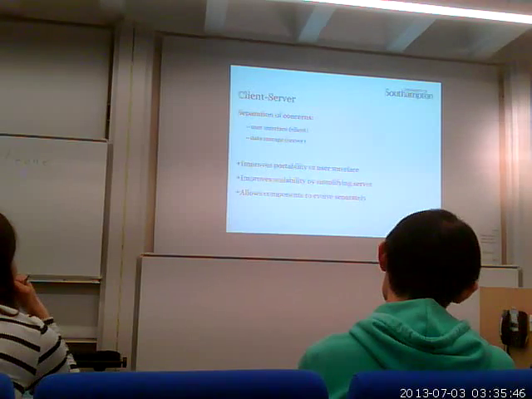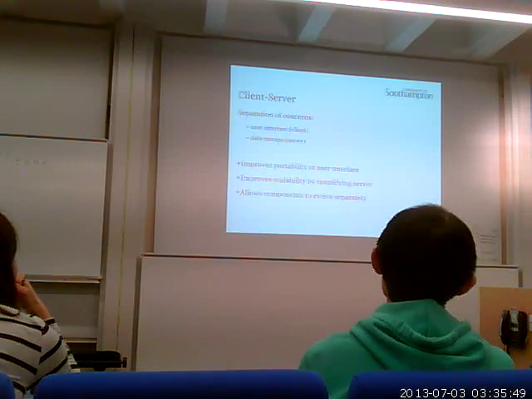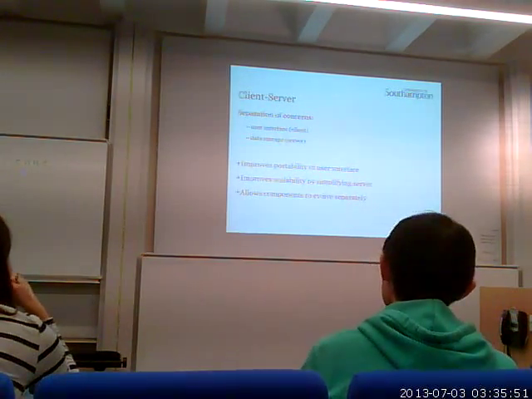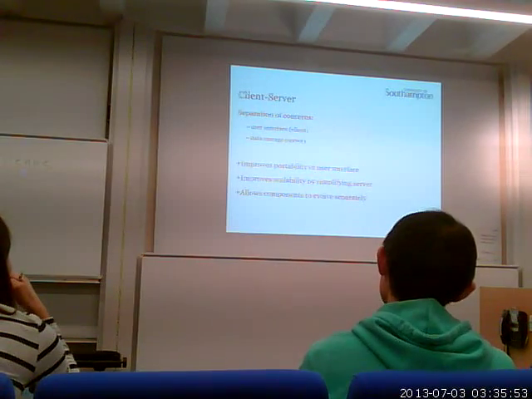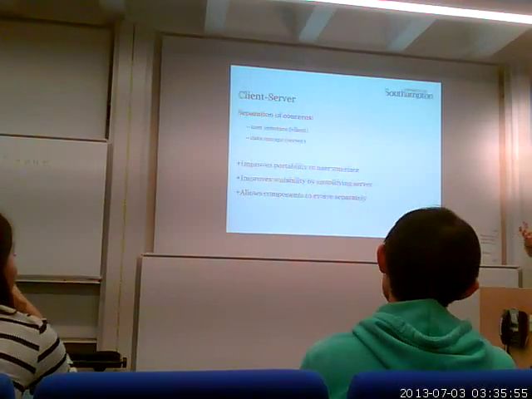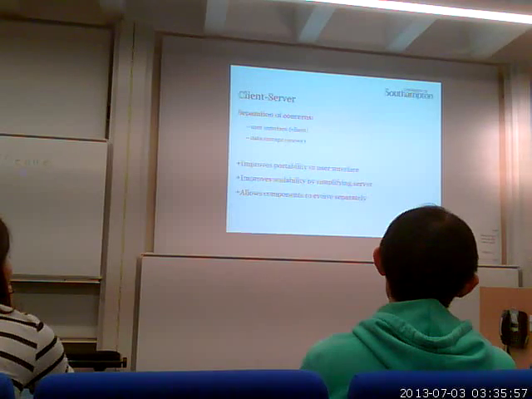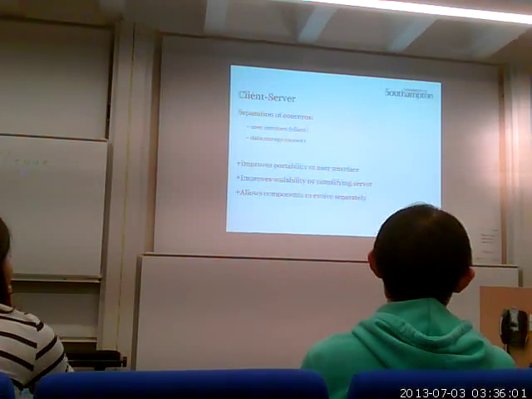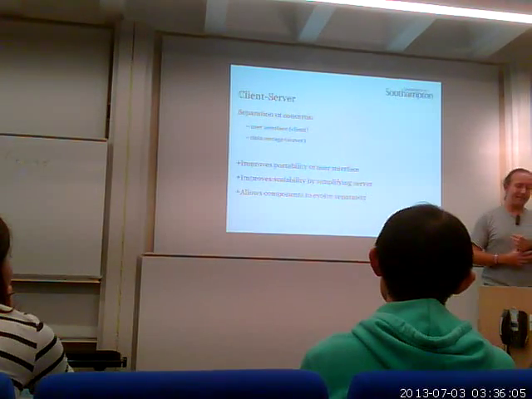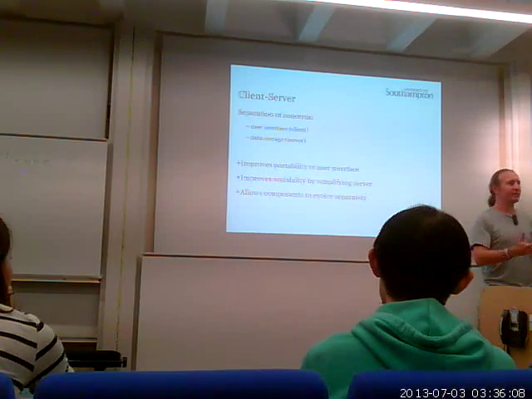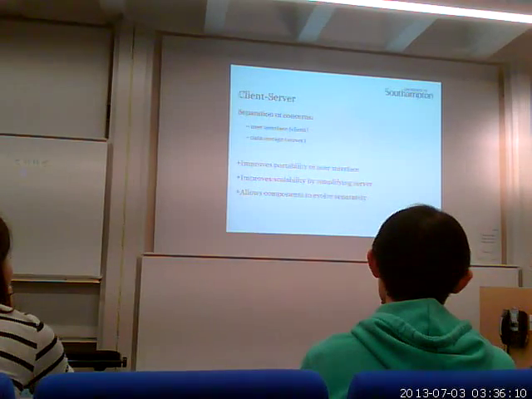So by making the server do less things, have less tasks, you mean that each request, each access needs less resources, and therefore you can run more of this service. You can have more people access it, or more clients access it for the same cost, for the same sort of hardware power.